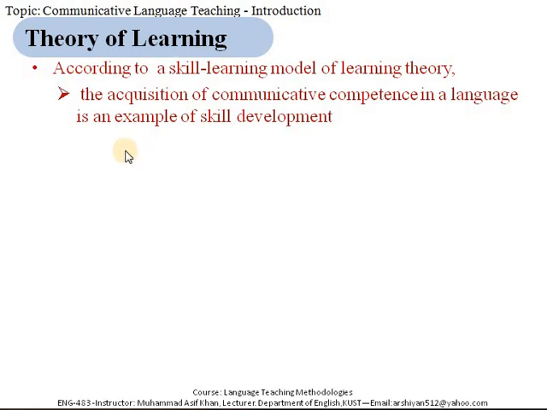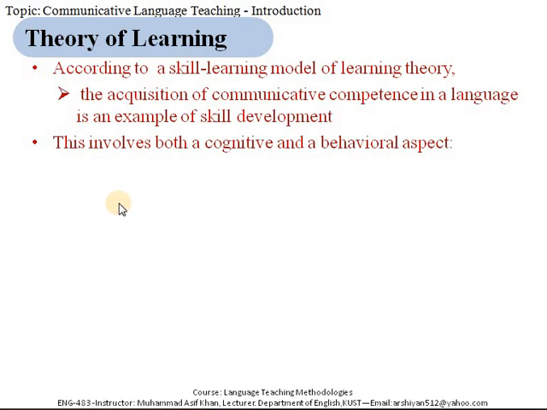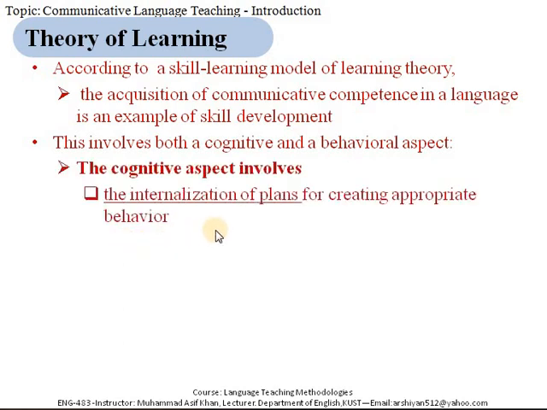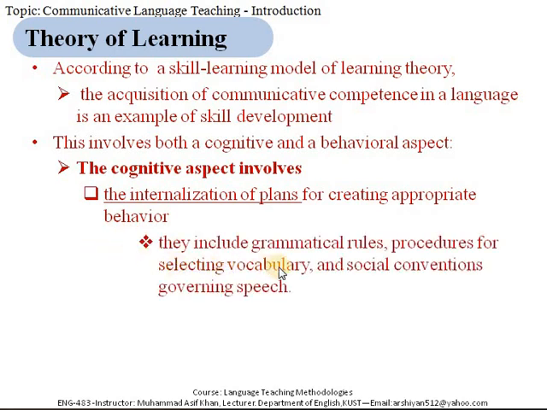When we discuss the cognitive aspect, it involves internalization of plans for creating appropriate behaviors for language use. And these plans derive mainly from the language system, and they include grammatical rules, procedures for selecting vocabulary, and social conventions that govern speech.